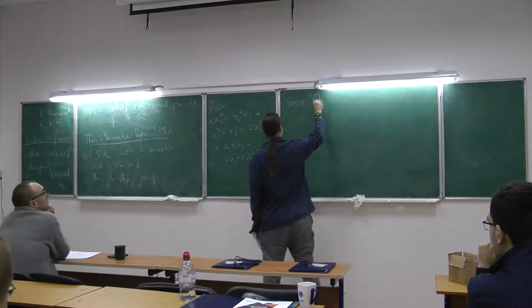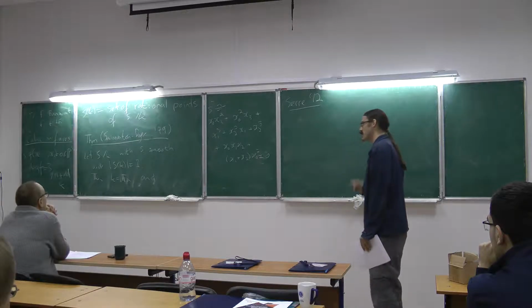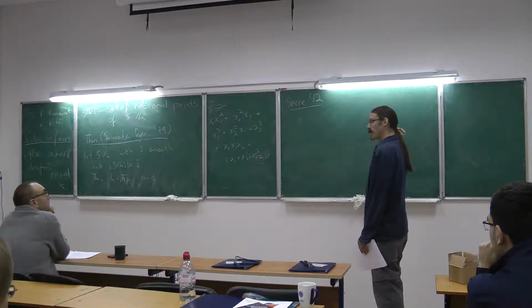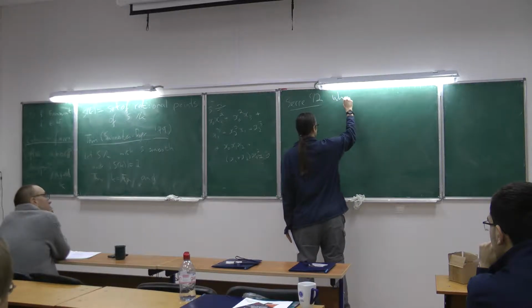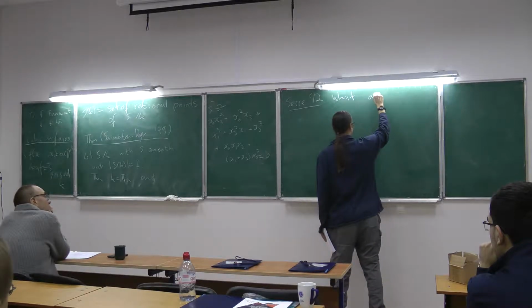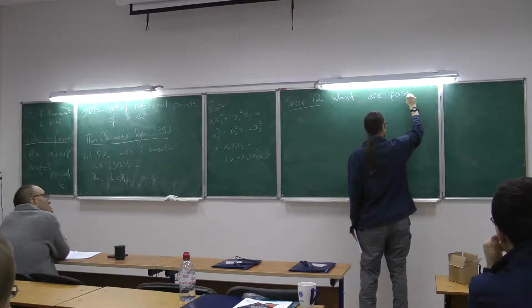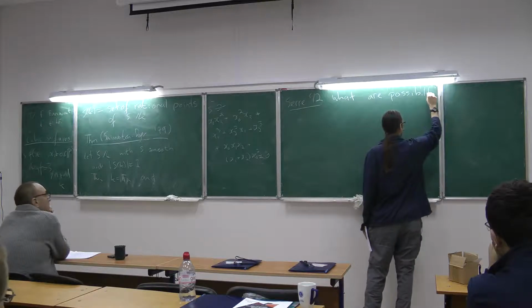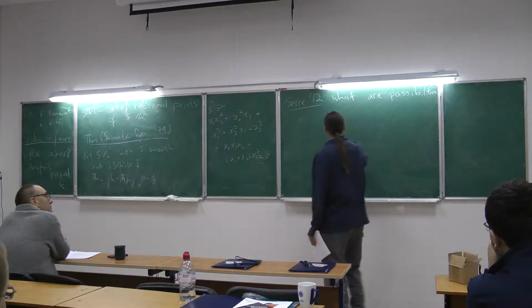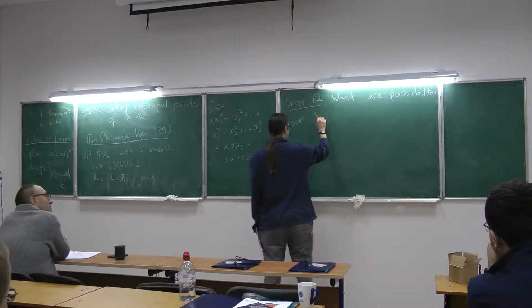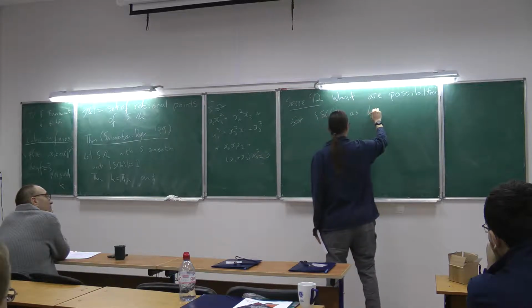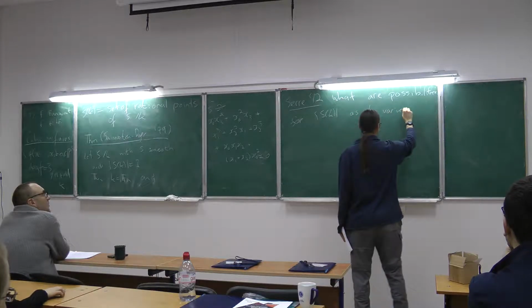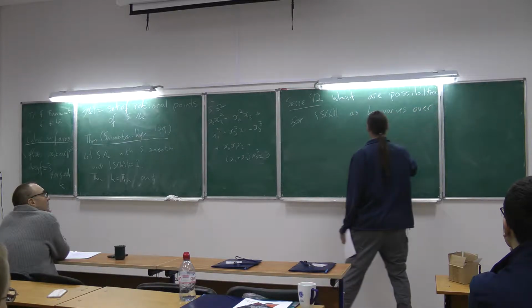So, the problem motivating us: Serre posed a question. I'll state a vague version now and a more precise version later. Serre's question was, what are the possibilities for the number of rational points on a cubic surface as K varies over all finite fields?